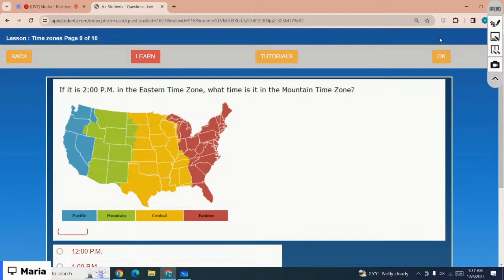Eastern it is 2. You need to subtract from eastern to mountain, you need to go behind 2. So that is 2 minus 2 is 12 p.m. The correct option is 12 p.m.